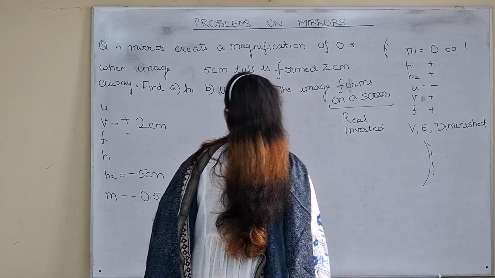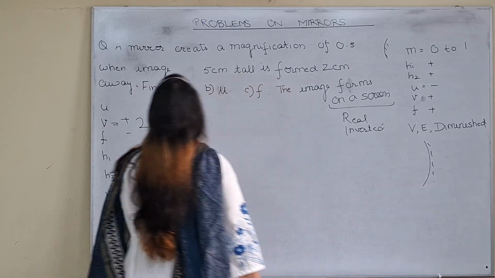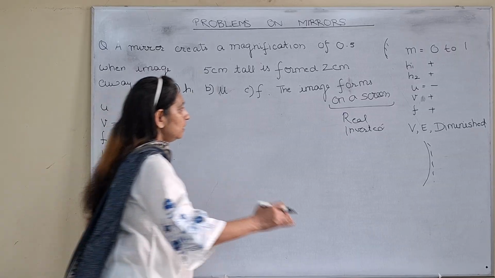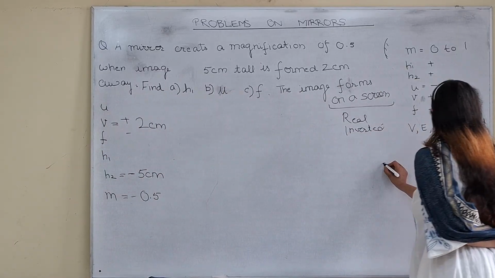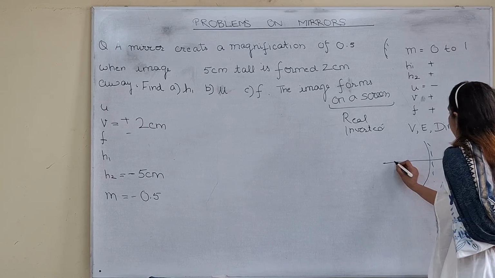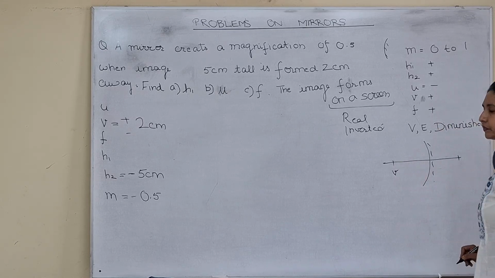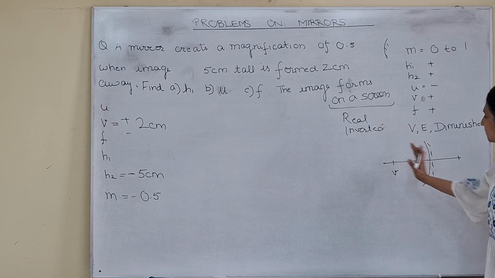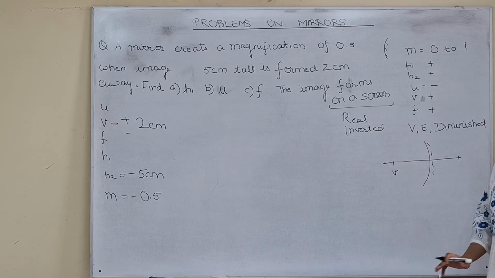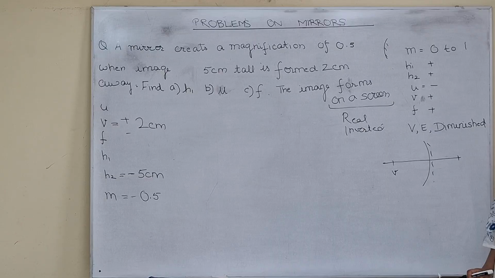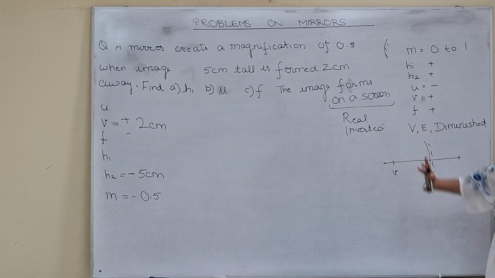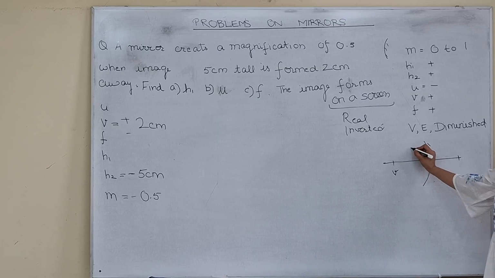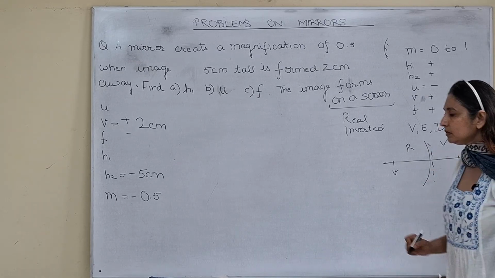Formed 2 centimeter away from it. Now real inverted image कहाँ बनती है? यहाँ राइट हैंड साइड पे बनेगी, यहाँ बनेगी कि यहाँ बनेगी इमेज. See it's real inverted, और वो सिर्फ तब होता है जब the image is on left side. क्लियर? It's real and inverted पहले हमें समझ आ गया था. This happens only when the image is on the real side. This is the real side, virtual side.